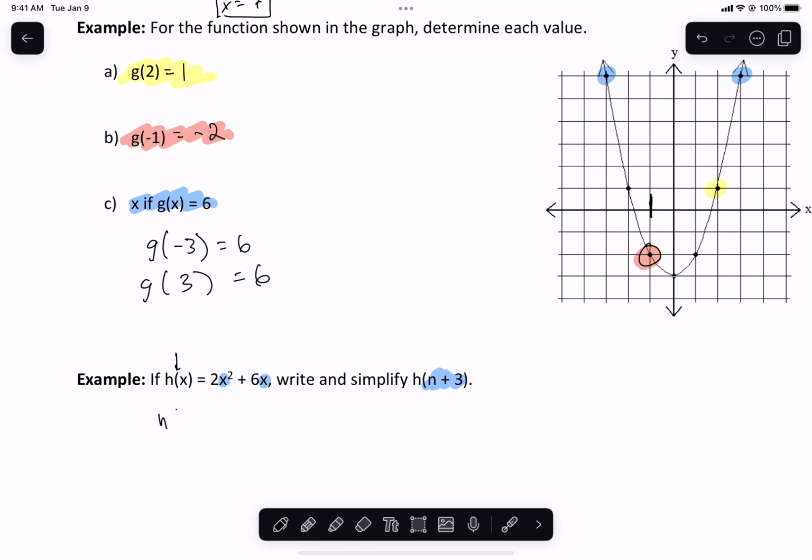So h of n plus 3 is going to equal 2 times (n plus 3) squared plus 6 times (n plus 3). Whatever's on the inside of that function notation for x, you put it in for x and do whatever work you need to do to it. Okay?